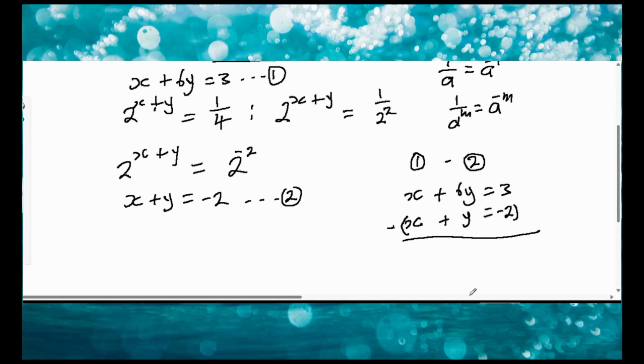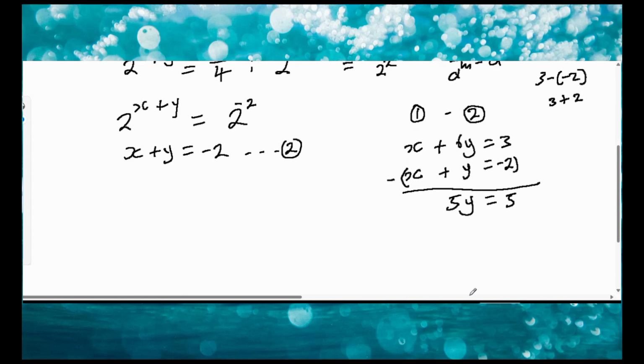3 minus negative 2, so that's going to be 3 minus 2, and negative is going to turn to what? Positive. And 3 plus 2 is going to give us what? 5. So actually 3 minus negative 2 is going to be 5, equal to 6y minus y is going to give us 5y, and then x minus x is going to give us 0, right?